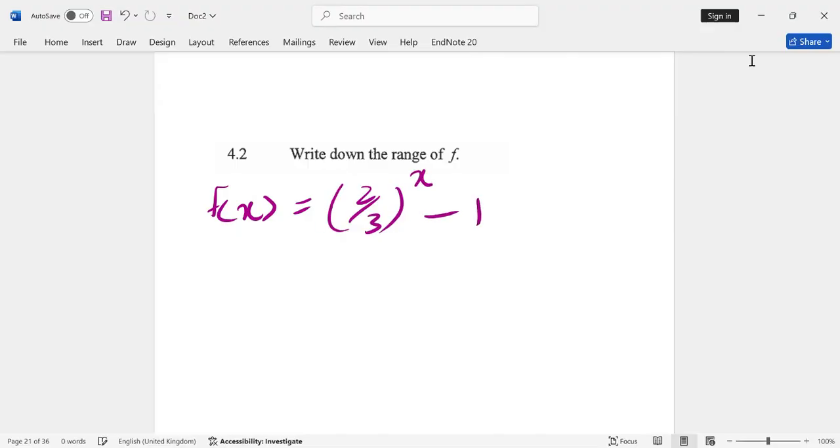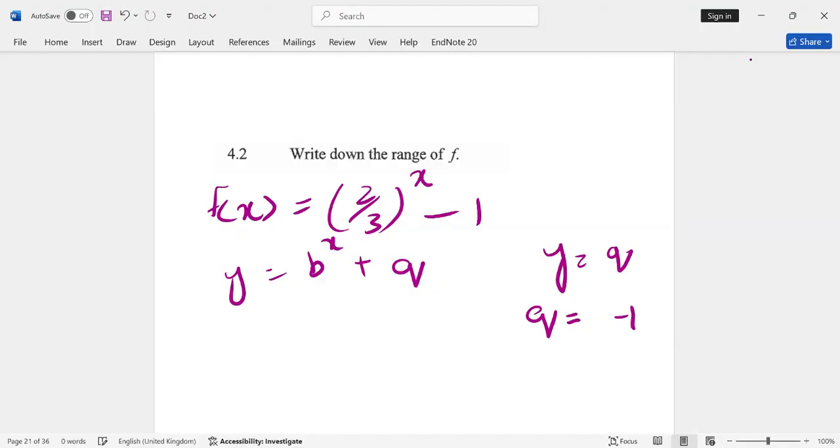The horizontal asymptote for an exponential function y equals b power of x plus q is y equals q, because q over here is equal to minus 1. All right, so the horizontal asymptote is y equals minus 1.